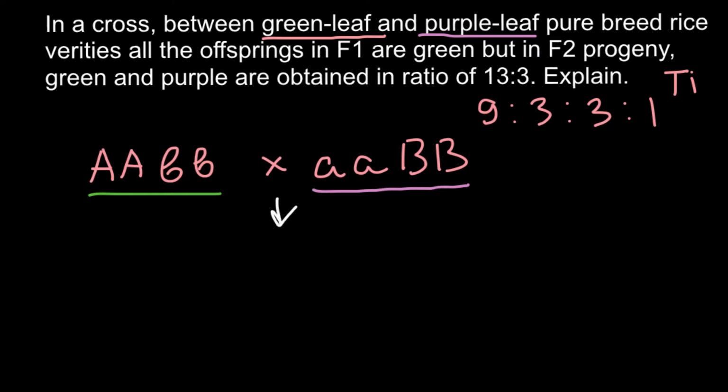If we cross these two varieties, of course this parent only can give dominant allele A, and another parent only can give recessive allele A, and this parent can give only dominant allele B, and this parent only can give recessive allele B. So this is going to be genotype of the F1 generation, and what phenotype would be.